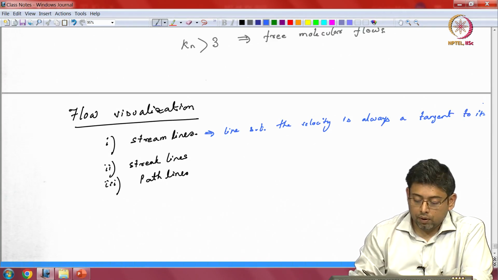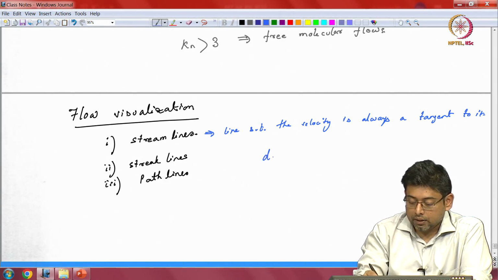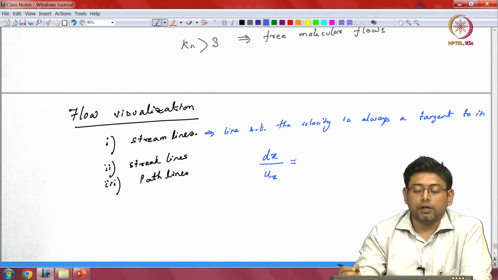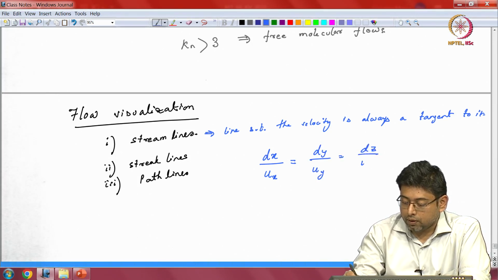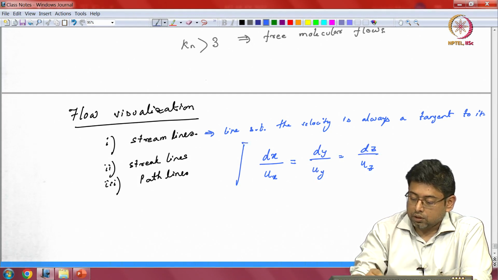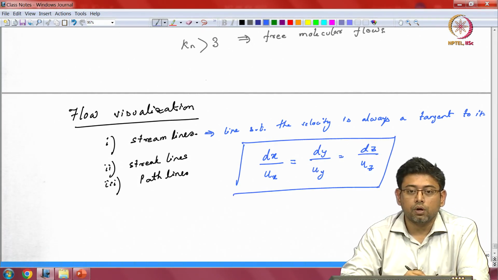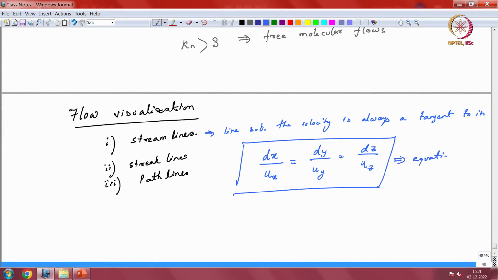You can show from this that the equation for a streamline is dx by ux, the x direction velocity, equals dy by uy, equals dz by uz. So, this is the equation which governs streamlines. I am not going to go into the derivation of it, hopefully you are aware of it. So, this is my equation of a streamline.